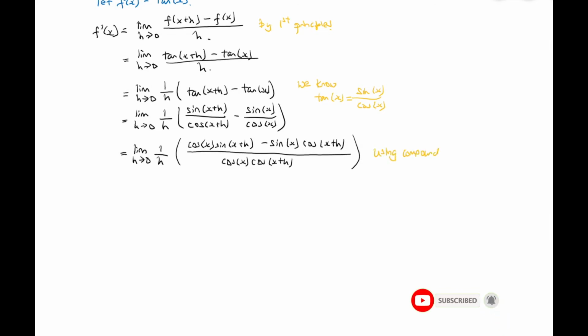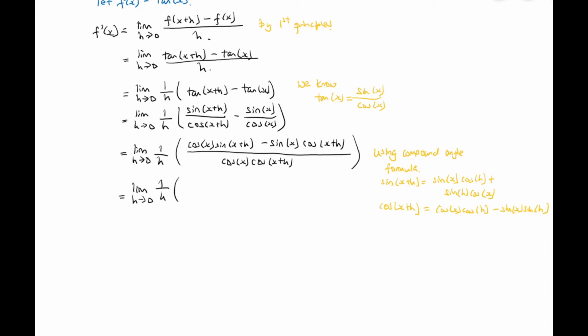Okay, so now let's use the compound angle formula to expand the top values. We know that sine of x plus h equals sine x cos h plus sine h cos x, and we know that cos of x plus h equals cos x cos h minus sine x sine h. And there will be the limit as h approaches 0 of 1 over h, and just sub in those values.